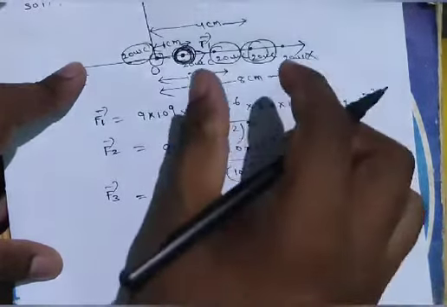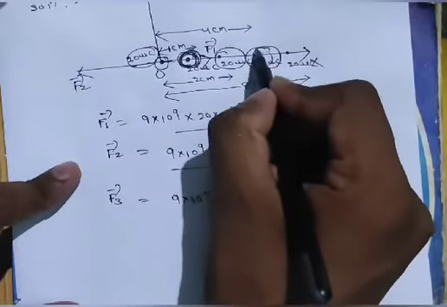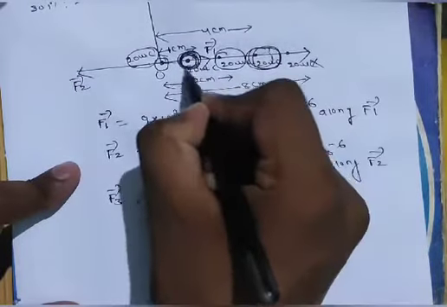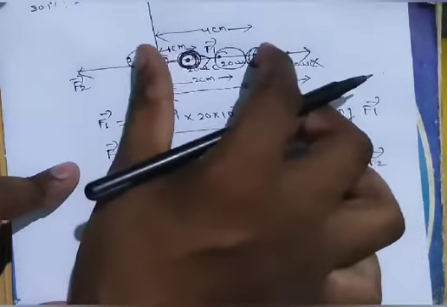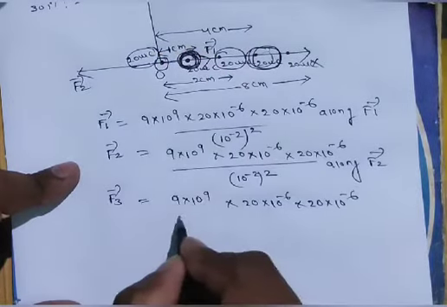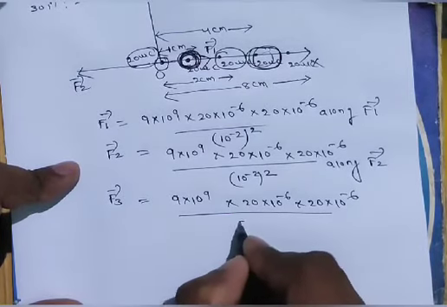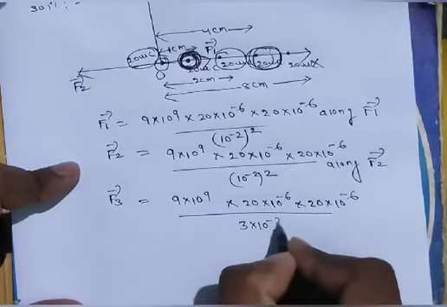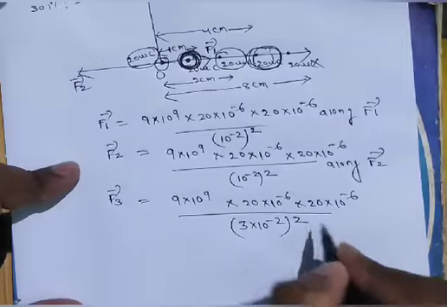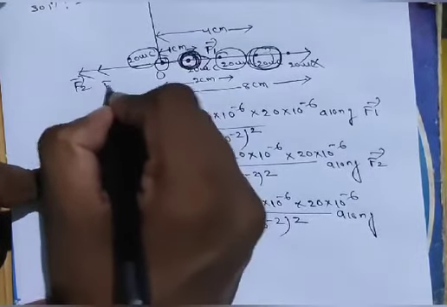Now the distance between this charge and this charge will be 3 centimeter, because total is 4 centimeter and this is 1 centimeter. And we know 1 centimeter equals 10 to the power minus 2 meter, so 3 centimeter will be 3 into 10 to the power minus 2 meter. So it will be squared, along this direction, F3.